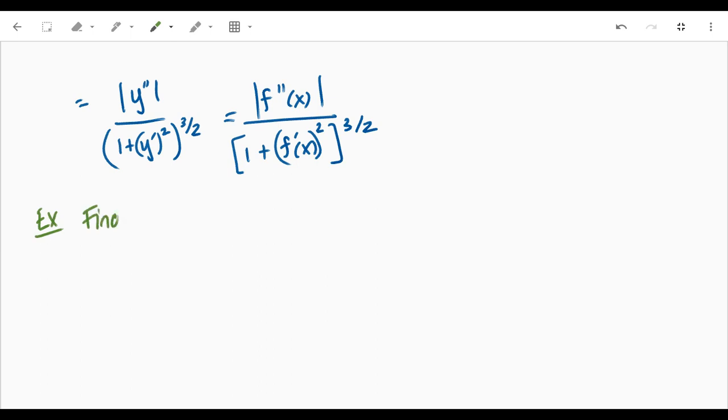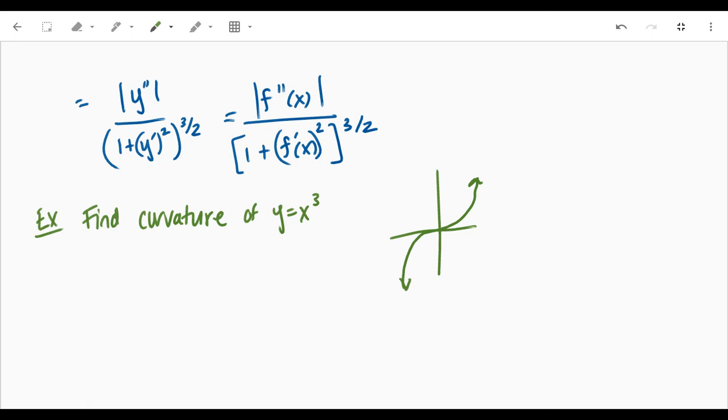Find the curvature of y equals x cubed. So think about this one for a second. If this is the track and you got a little roller coaster on the track, when is the person on the outside getting shoved around a lot?